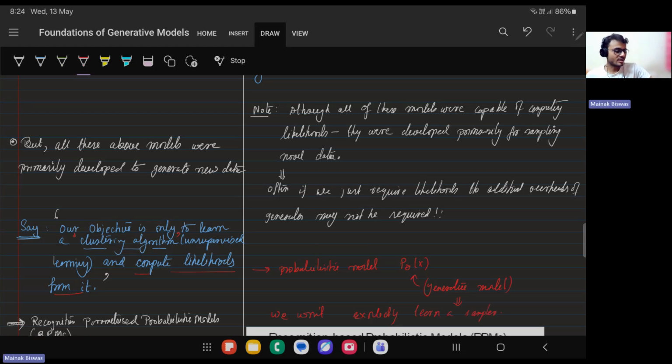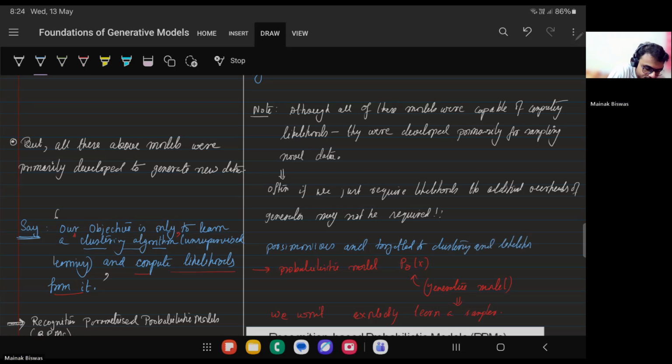Okay, so this will make this model more parsimonious and targeted to clustering and likelihood estimation, and maybe outlier detection.